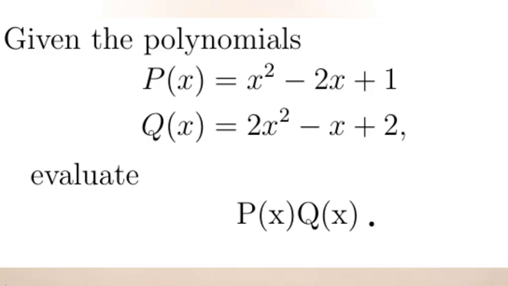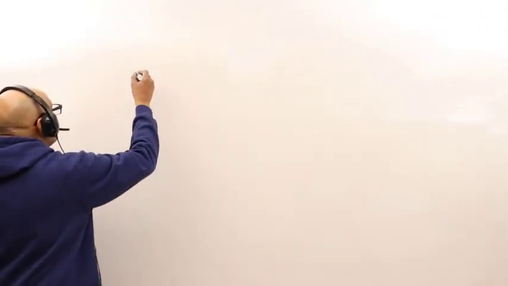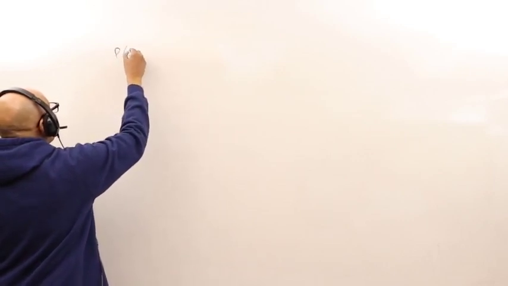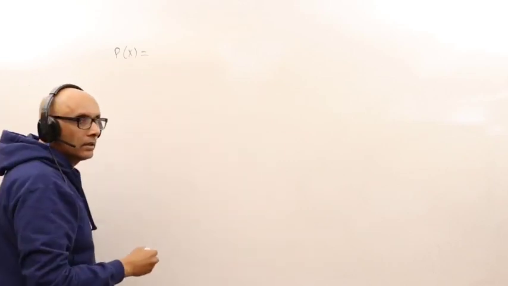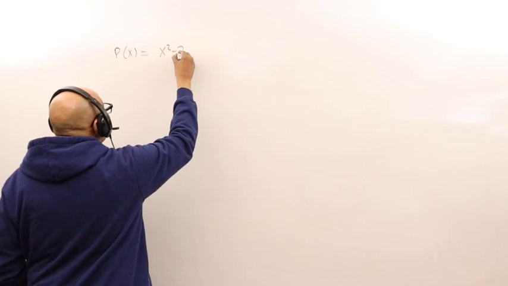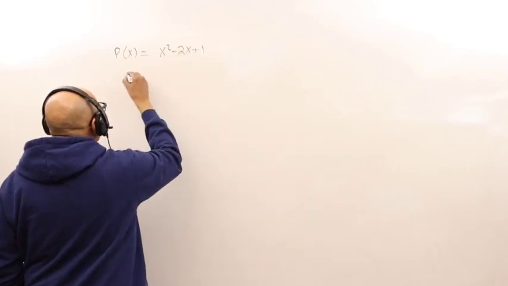So given the polynomials p of x equals x squared minus 2x plus 1 and q of x equals 2x squared minus x plus 2, evaluate p of x times q of x. So we're given p of x. P of x is x squared minus 2x plus 1.